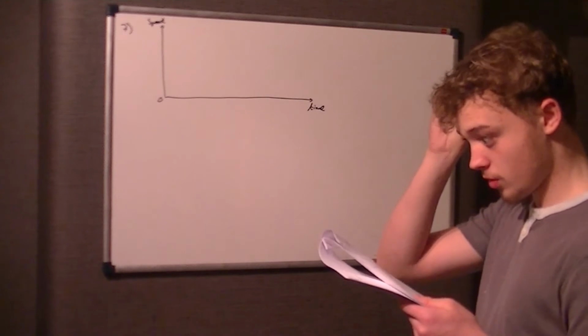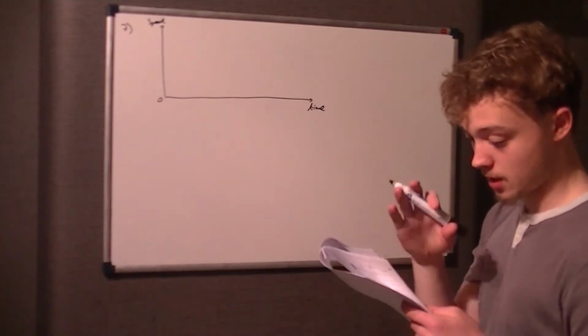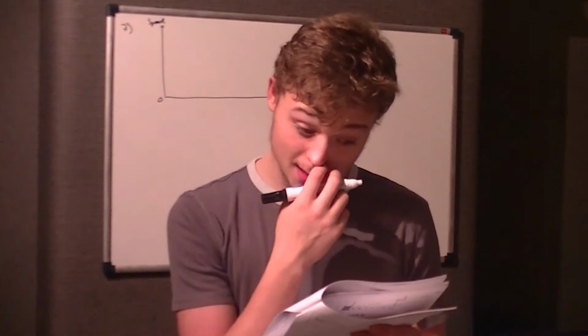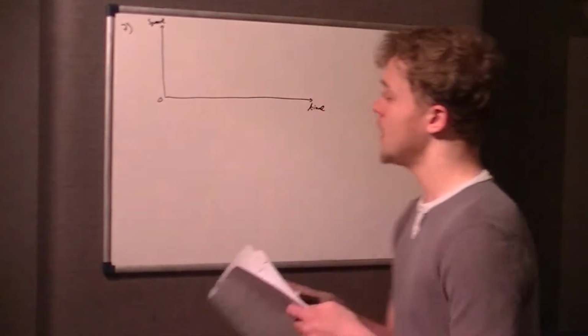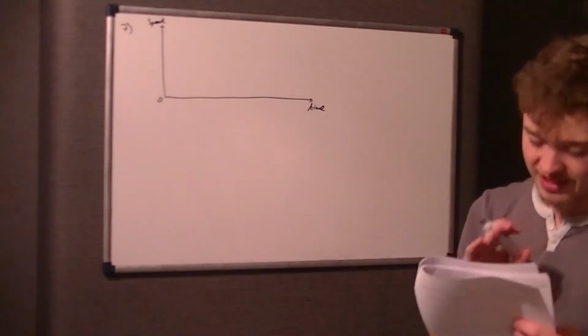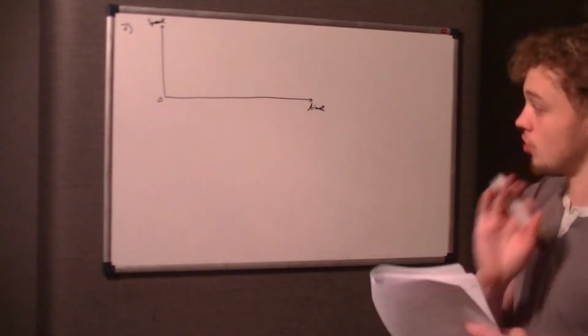So the background is a train travels along a straight horizontal track between two stations, A and B. The train starts from rest at A with a constant acceleration of 0.5 meters per second squared. You don't really need to pay attention to the units at this stage because we are just drawing the graph.